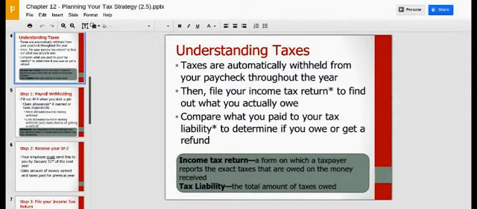If you work, you all owe a specific amount to the government. You then compare what we paid in taxes to our tax liability, which is what we have to pay in taxes, to determine if you owe or get a refund. So we look at how much we paid in taxes compared to our tax liability. That's how much we have to pay the government, to see whether we owe or we get a refund.